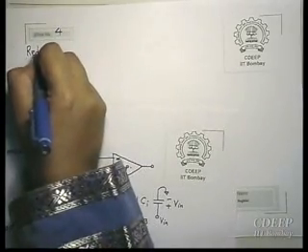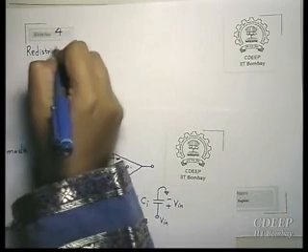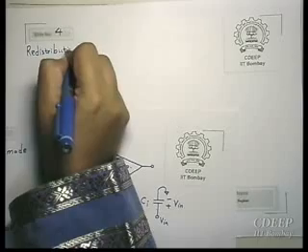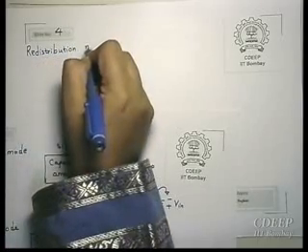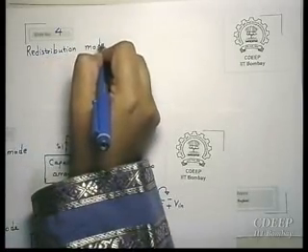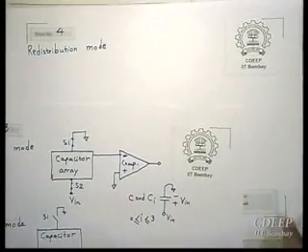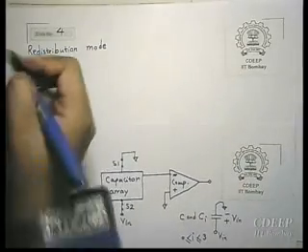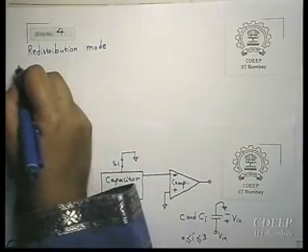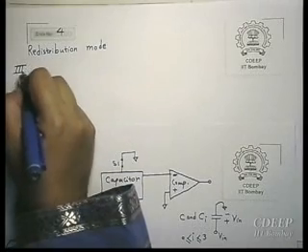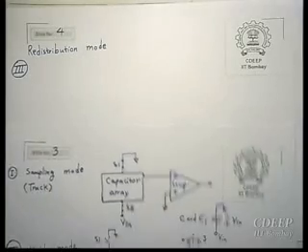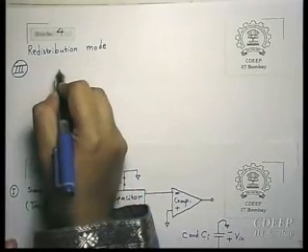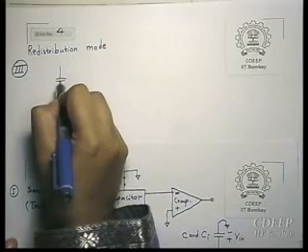Therefore, in redistribution mode, first again the MSB capacitor will be connected to V full scale.